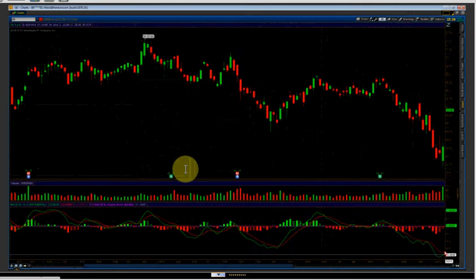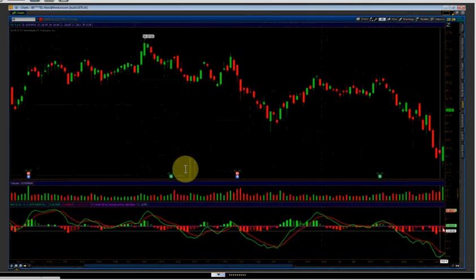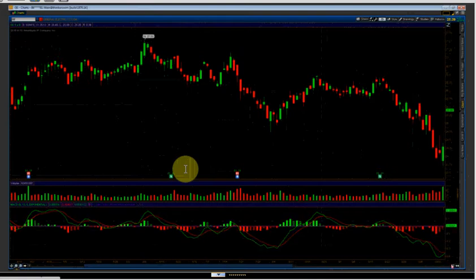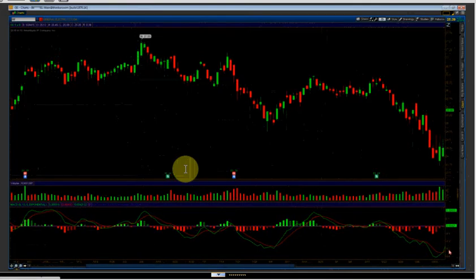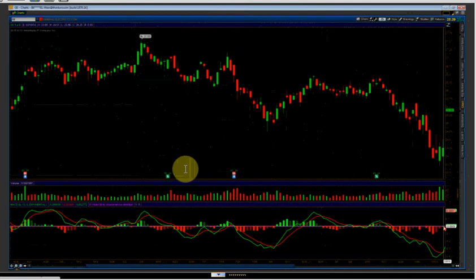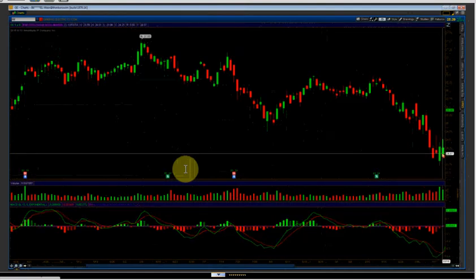And using the green line above the red line in conjunction with the histogram going above the 0 line. So one of 2 things, you could have found, hey, my green line crossed above my red line, and actually you can barely see it, but the histogram went positive. So this right here would have been a buy signal using the MACD.